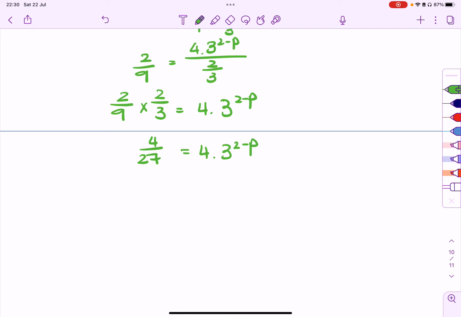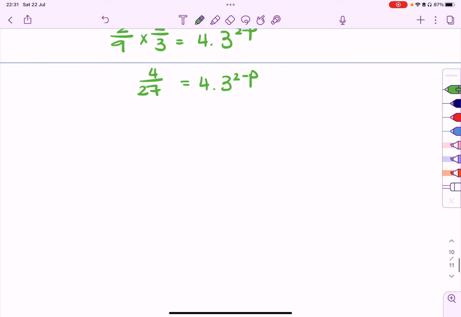Okay, so now is an interesting step that you should recognize, is that when the variable is in the power, in the exponent, we need to find something that relates to the base as well.